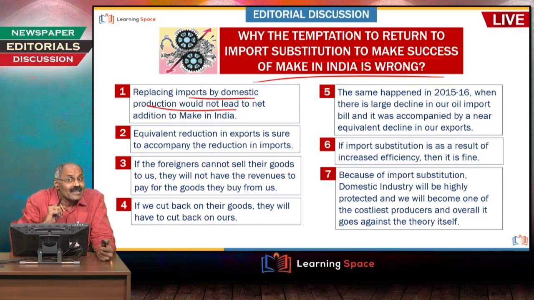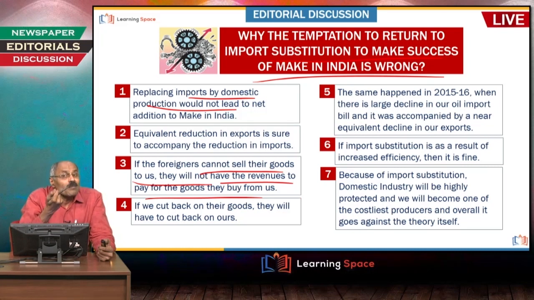So the point to note here is, if imports are restricted, then an equivalent reduction in exports may also take place. If the foreigners cannot sell their goods to us through the import controls, then they will not have revenues to pay for the goods they buy from us. If we cut back on their goods, they will cut back on our goods.